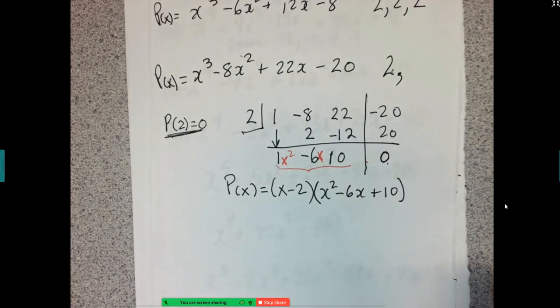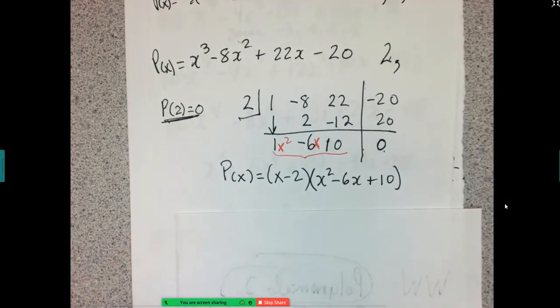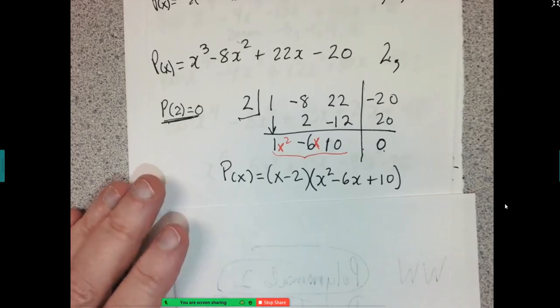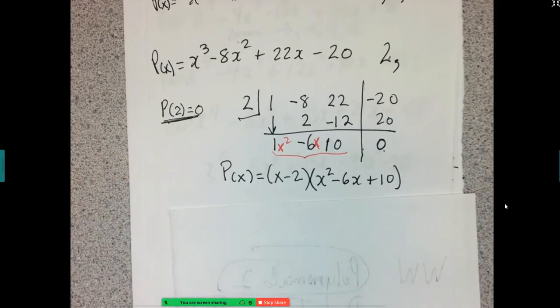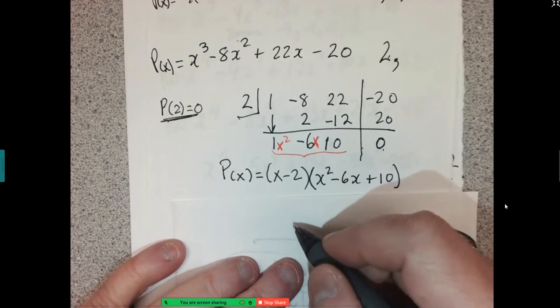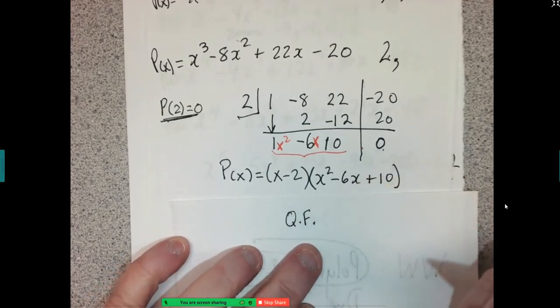But what will always work is the quadratic formula. So in your Canvas, I have put 2 videos of using the quadratic formula. One is if you have irrational zeros. It shows you how to get irrational zeros, and the other one is with complex zeros. So we remember, you'll have to know the quadratic formula.